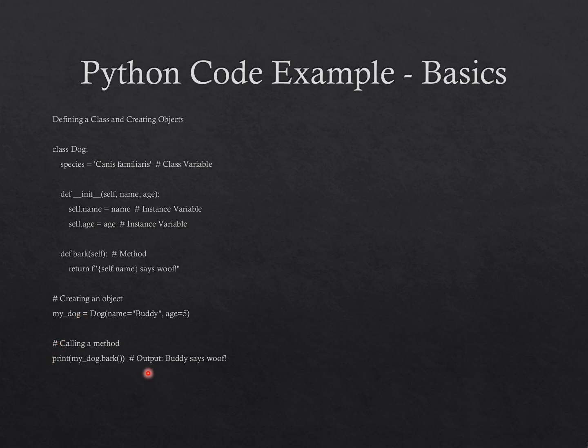Now how to call a method? Bark is a method inside this class. So here we are calling object dot method of that class. My dog dot bark calls this function and generates this output. That's how you call the method of a class.